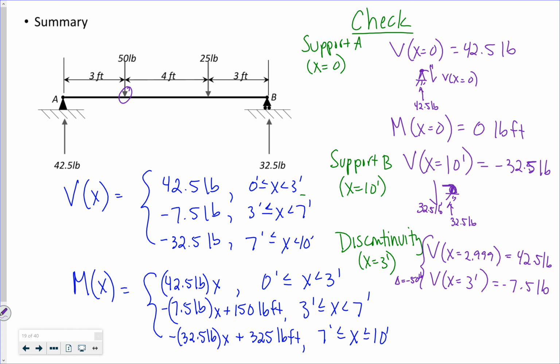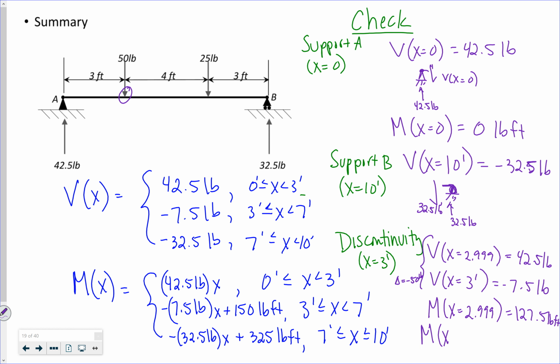However, I didn't apply a moment. So if I take my moment at x equal to 2.9999, or basically 3, using the first equation, 42.5 times 3, I get 127.5 pound-feet.